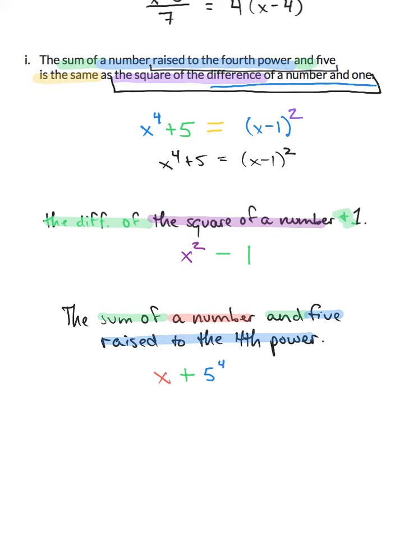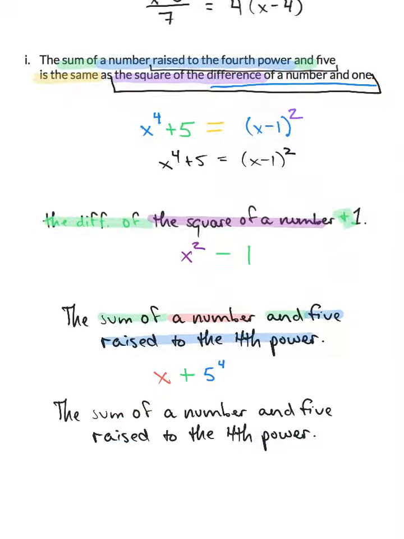And so we get x plus 5 to the 4th. Now, some of you may have been thinking, okay, well, why didn't we use parentheses? Well, because here, 5 raised to the 4th does take precedence over the sum of. So you do have to be very careful how you read these.